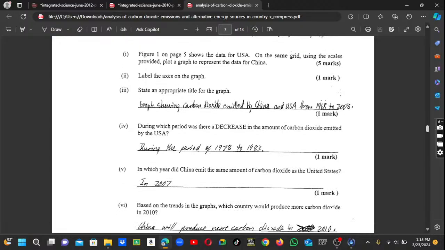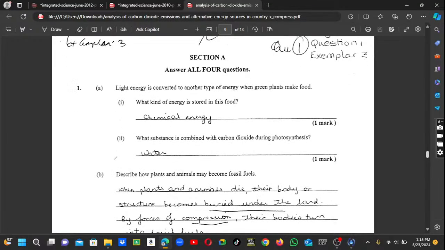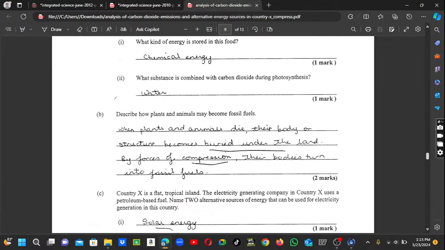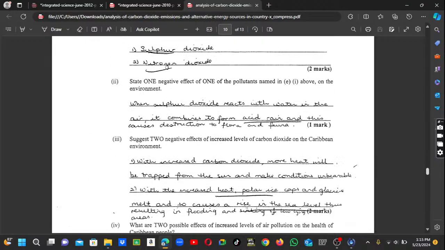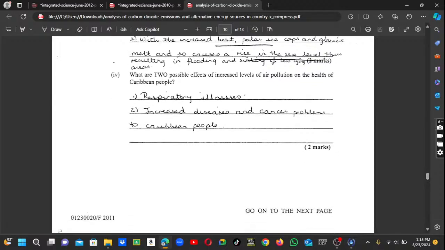All right, now guys, this table is not really necessary at the moment. Let me just find the most necessary part. I already went through this part. Name two effects of increased air pollution on health. This is the same thing I asked just now.